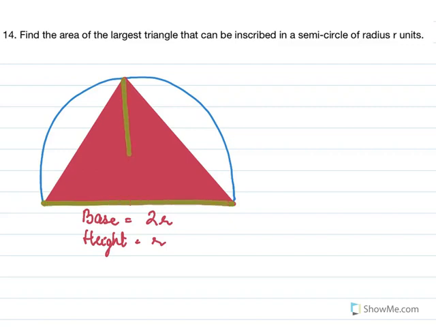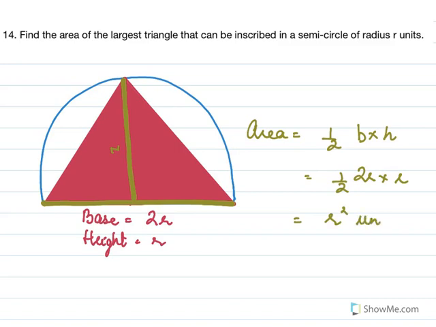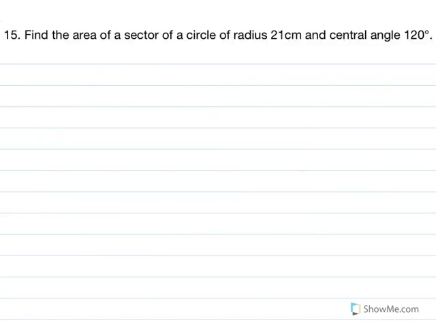The base is 2r and the height is r. So area equal to half 2r into r, that is r square unit square. So this is a triangle inscribed in a semicircle.